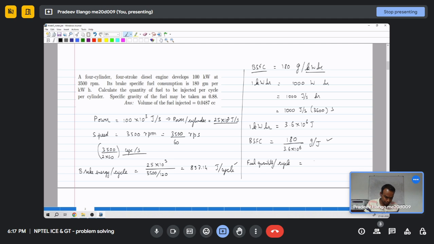This is 857.14 into 180 by 3.6 into 10 power 6. So how do we confirm this?